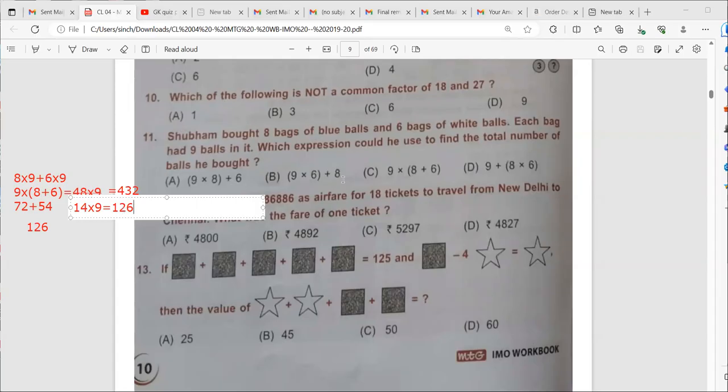Yes, ma'am. So which is the correct expression in 11? Tell me, Udit. Udit, number 10 is correct. Shok, tell me which is the correct option.